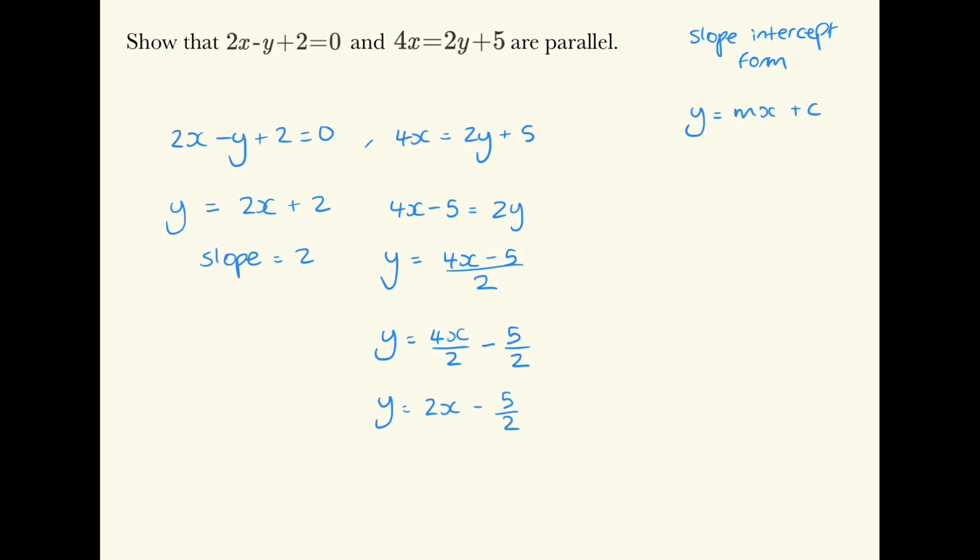Now, because we have it in slope-intercept form, y equals mx plus c, I can quickly identify that my slope is also 2 here. So I'll write slope equals 2, and from there I've identified that my two functions are parallel because they share the same slope.